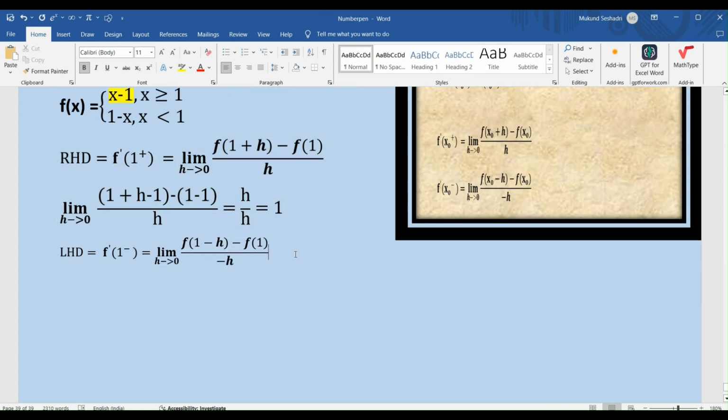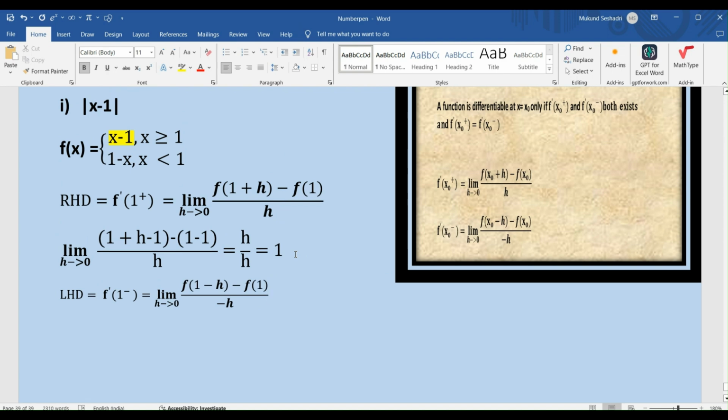And now this time my x is going to take a value 1 minus h, which means it is lesser than 1, right? So which function will I have to apply when x equals 1 minus h?